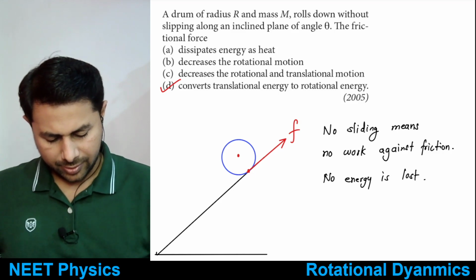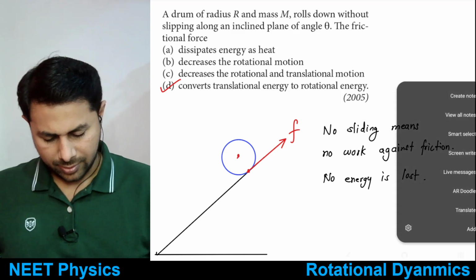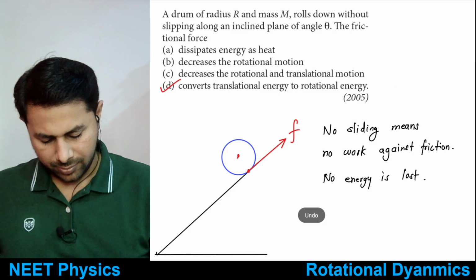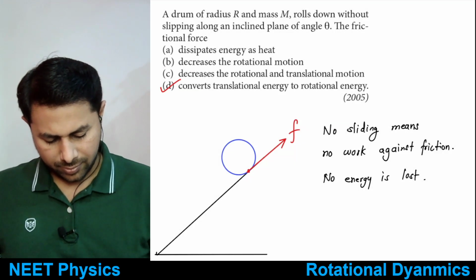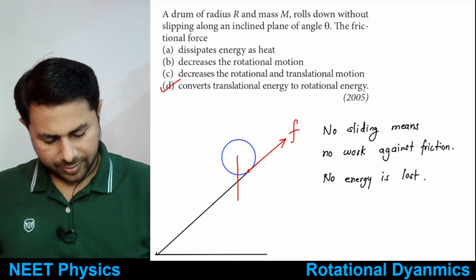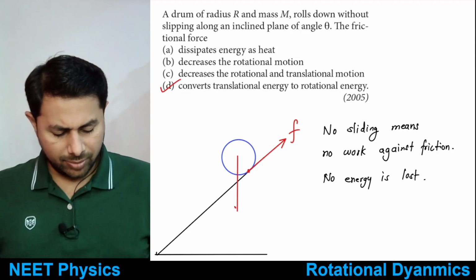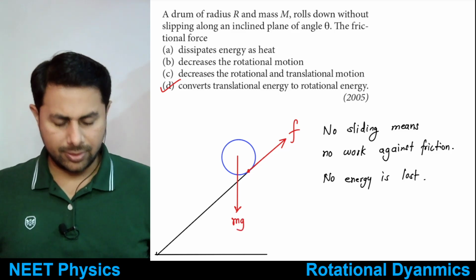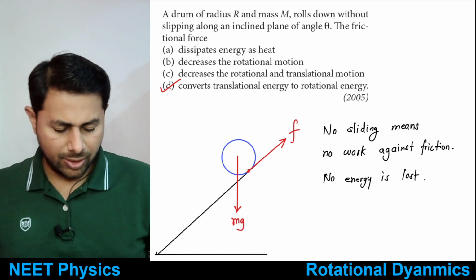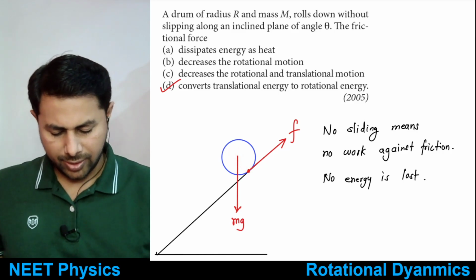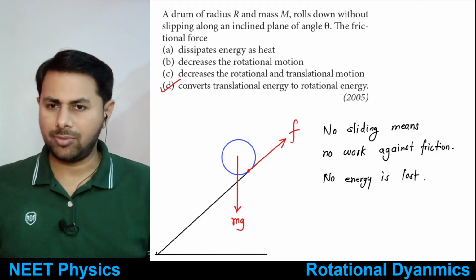So gravitational force acts in this direction. Okay, and because of this gravitational force, now there would be some torque, right? There would be some torque which causes its rotational motion.